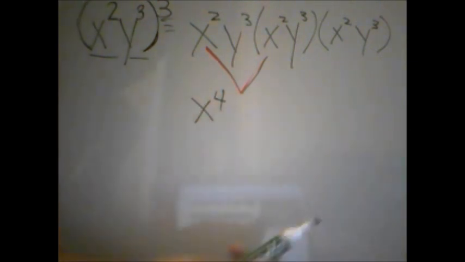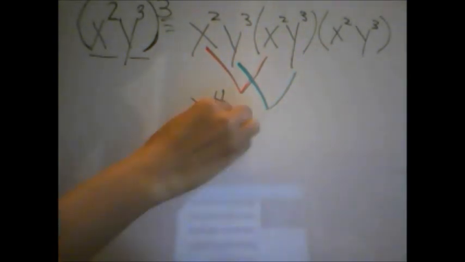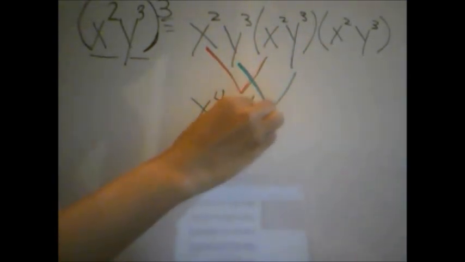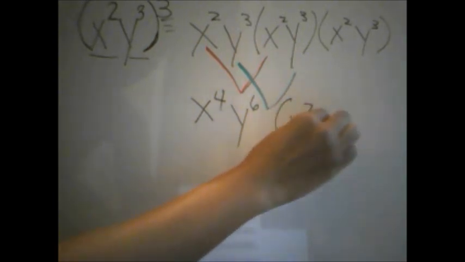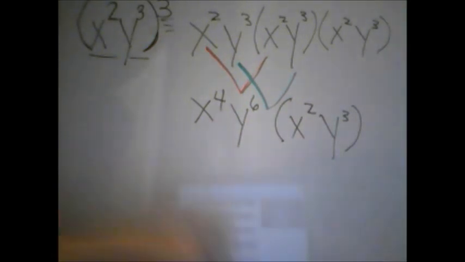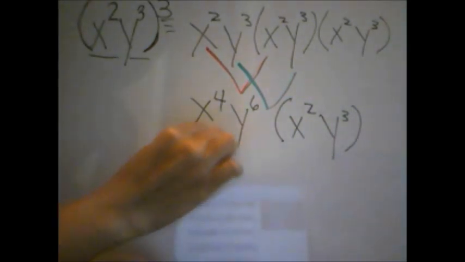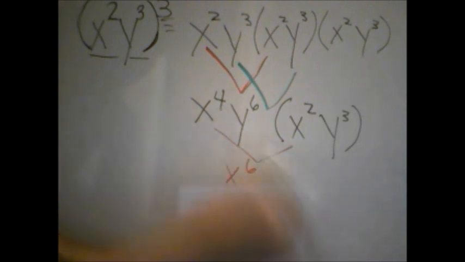And each y we add, so these two will give us y to the sixth. And we still have one more to add, x squared y cubed. So now since we have these two, that'll give us x to the sixth, and this will give us y to the ninth.